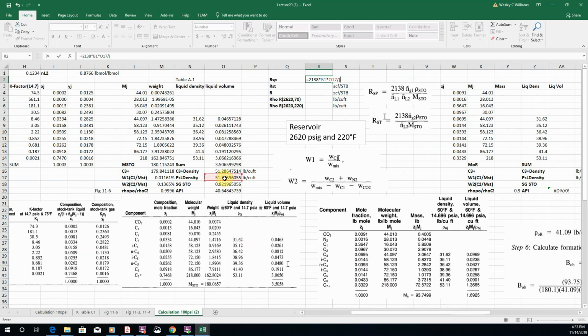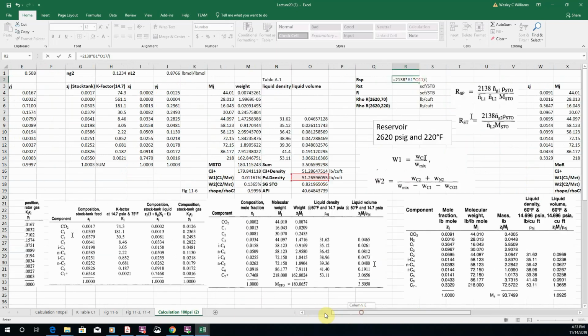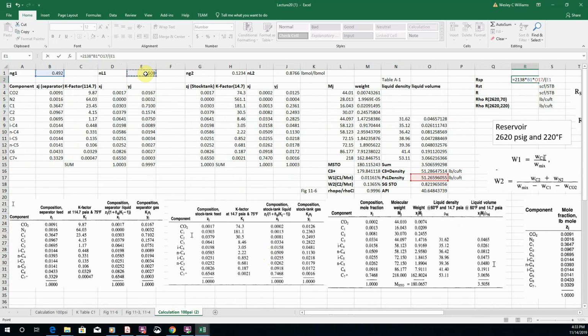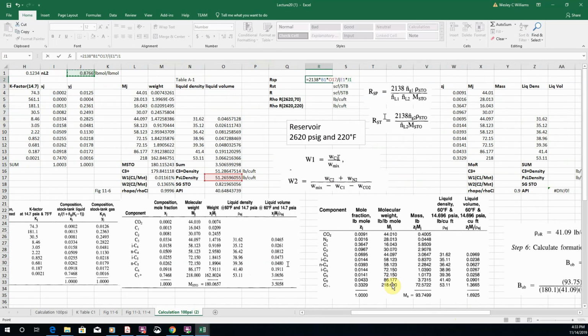And then let's divide that by NL1 times NL2 times the molecular weight of the stock tank oil. That should give us our value, 672. Oh, yeah, that's correct. So that's for the separator.